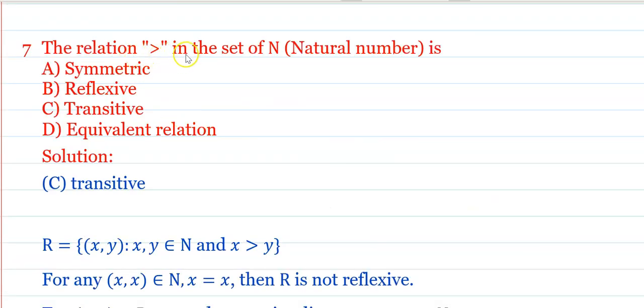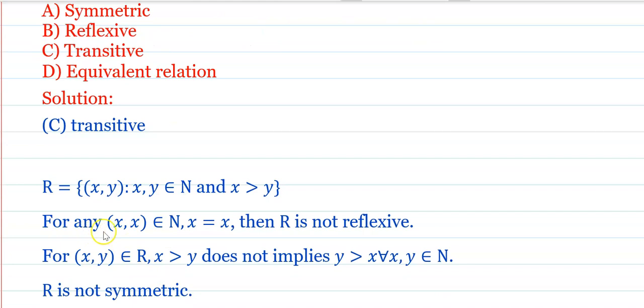Relation greater than in the set capital N of natural numbers is what type of relation? Symmetric, reflexive, transitive, equivalence relation. Now relation R, xy belongs to capital N and x is greater than y. For the first relation, if we consider, both must be the same and belong to the set of natural numbers.